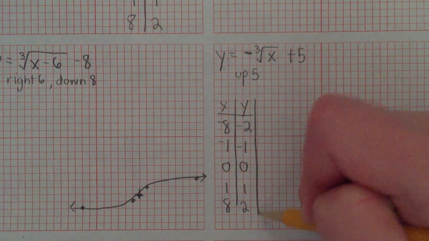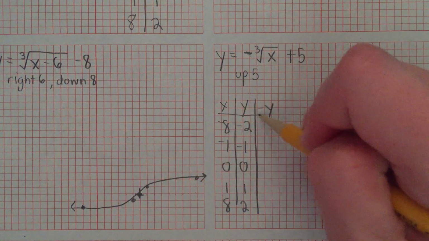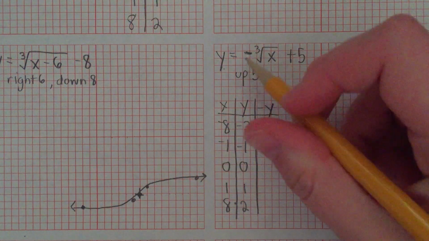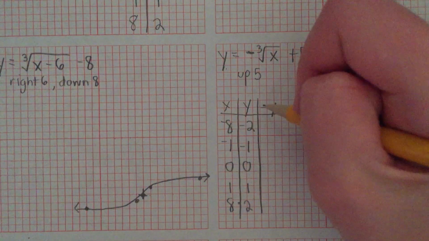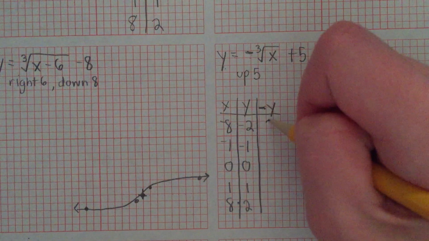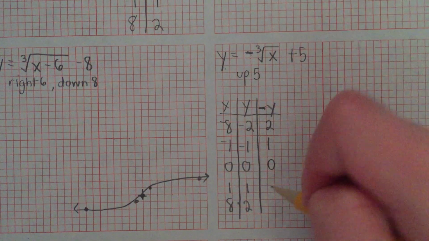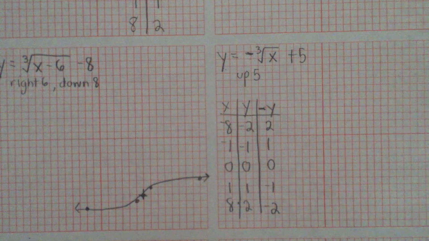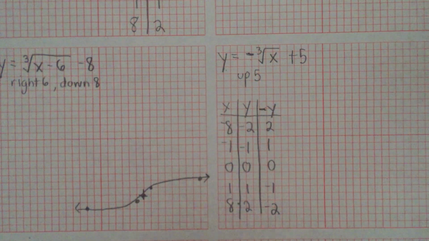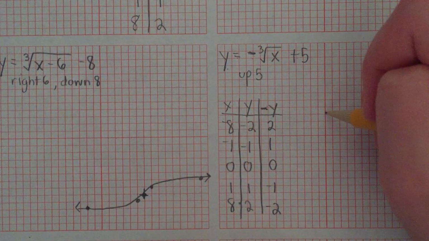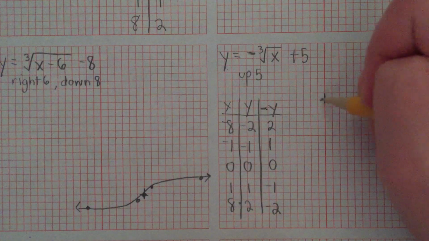You're going to multiply your y values by -1, because of that negative out in front. So that means this would be 2, 1, 0, -1, -2. And don't forget to shift your origin up 5.